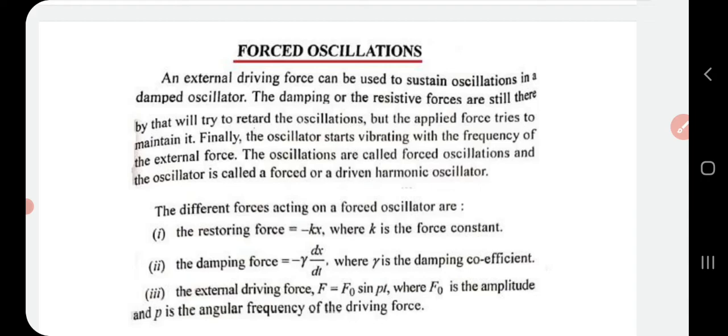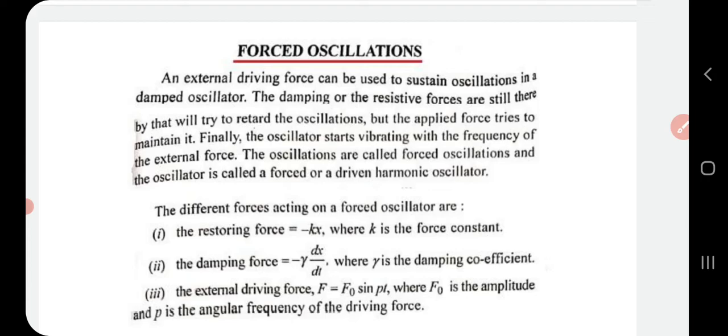When the oscillation stops and you apply an external force, the oscillator will continue to maintain its oscillation with the frequency of the externally applied force. Such an oscillator is called a forced oscillator or driven harmonic oscillator, and oscillations with frequency equal to the frequency of the external force are called forced oscillations. I hope the meaning is clear.